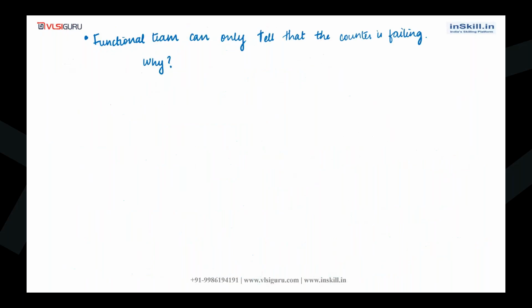And the functional verification team can only tell that the counter is failing. Why? Because the functional verification team checks the functionality.